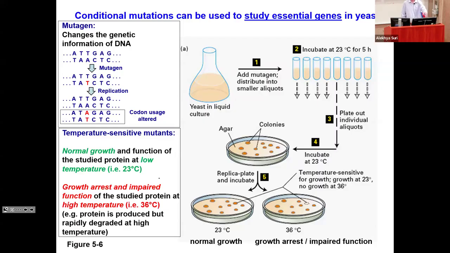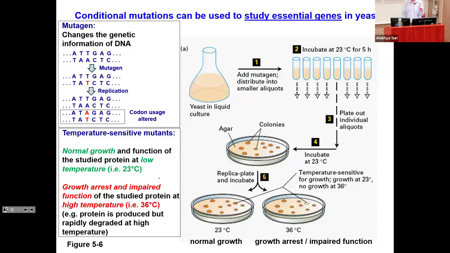On the left side, you would see the scheme with the sequence. You would use a mutagen to alter the DNA sequence. This could be a chemical, for example. This could be UV light, could be radiation.